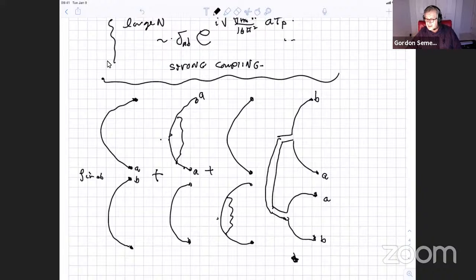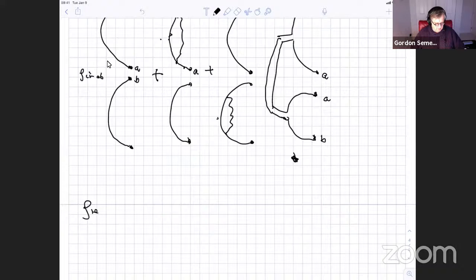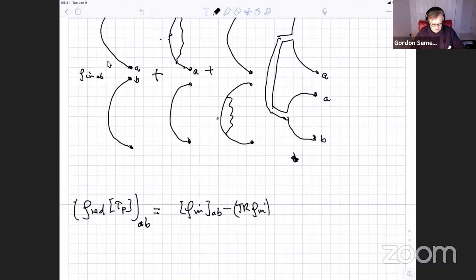If I put that all together, I can put it into a fairly suggestive form. After some proper time, this outgoing reduced density matrix is the incoming density matrix, whatever it was, minus a trivial one, trace of rho in over n. This is a piece that I would say is damping like a Gaussian.